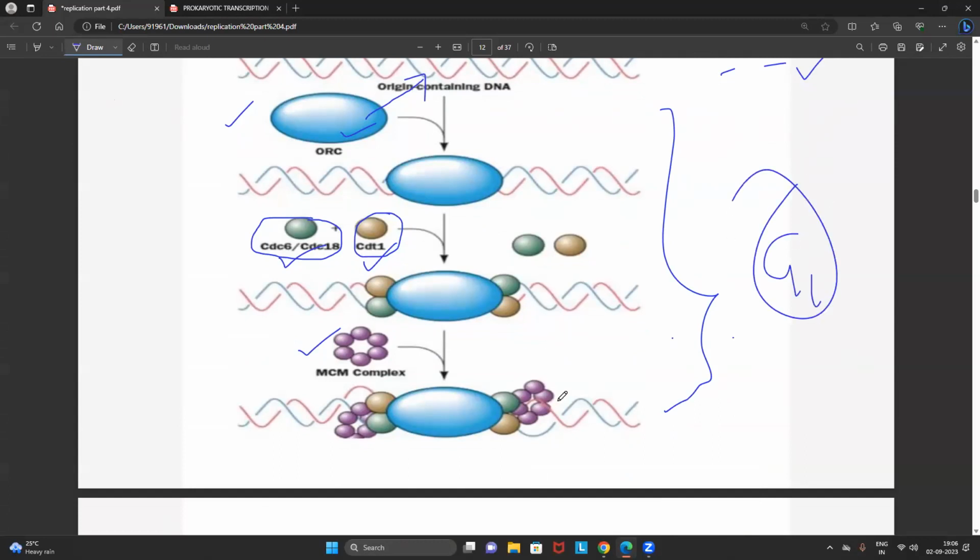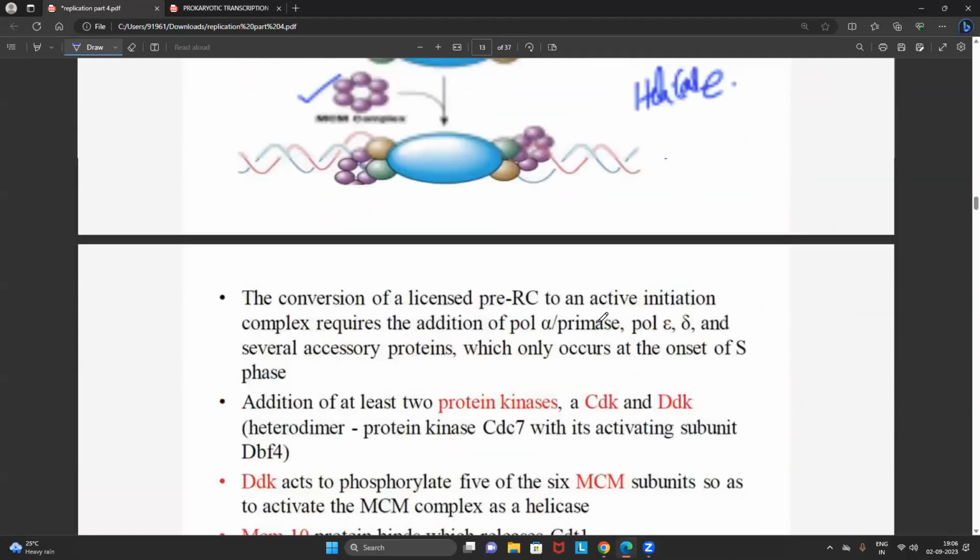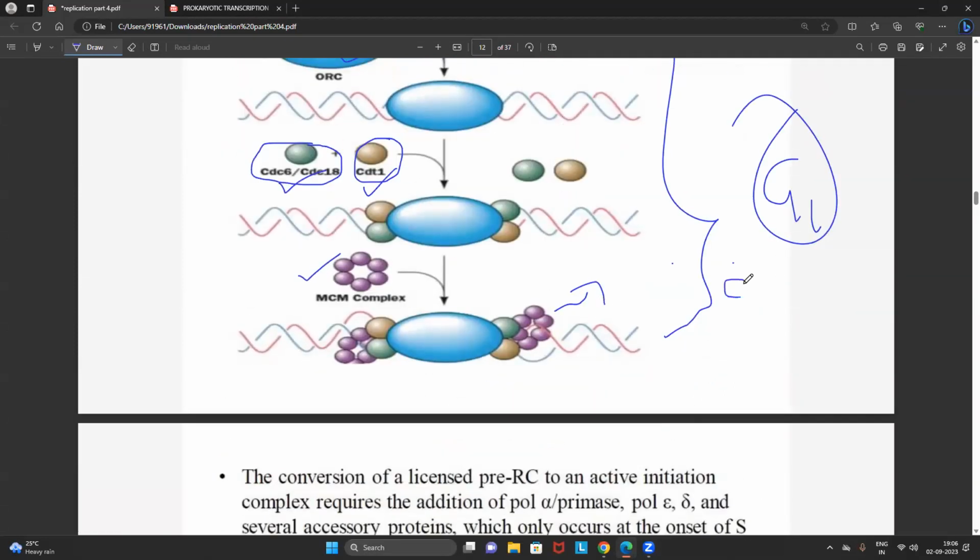In the G1 phase, even though the helicase is ready, it won't be active. That's why DNA replication, or opening of the double-stranded DNA, never takes place in the G1 phase. If the helicase enzyme is to be activated, out of 6 subunits of the helicase, 5 subunits have to be phosphorylated.